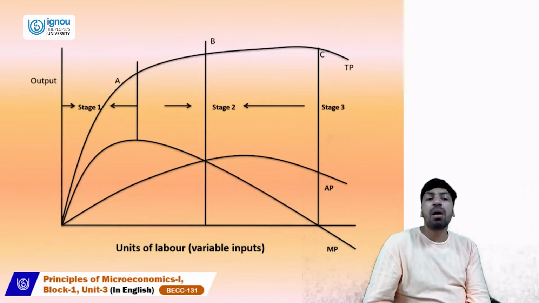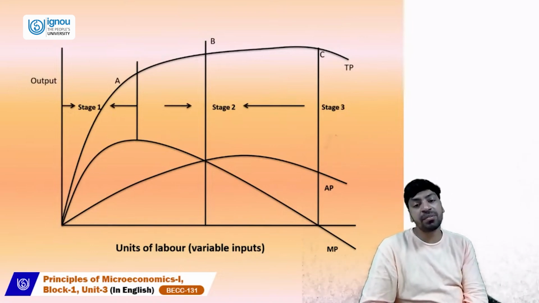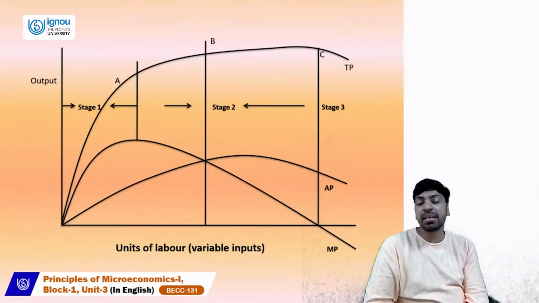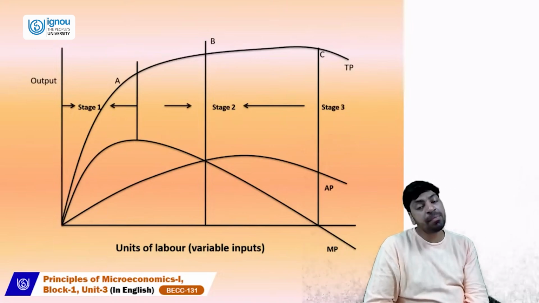So when we talk about stage 1, the marginal product will also increase at an increasing rate. Average product will also increase at an increasing rate. When we talk about stage 2, average product will also increase but at a diminishing rate.